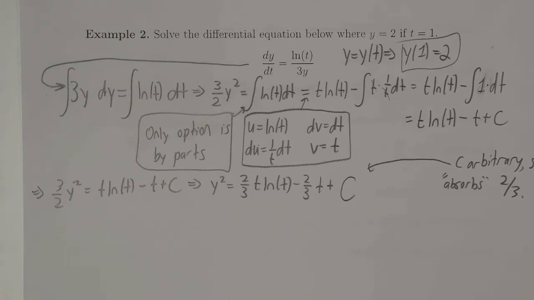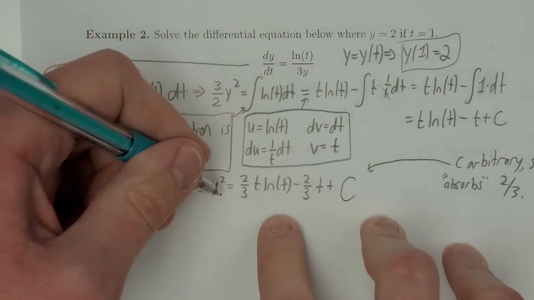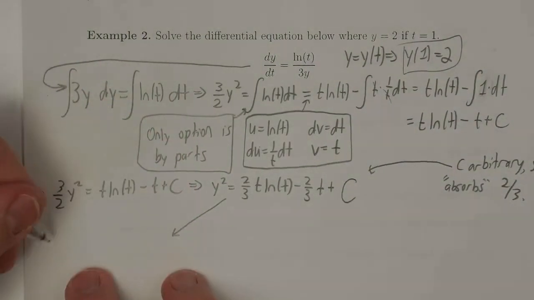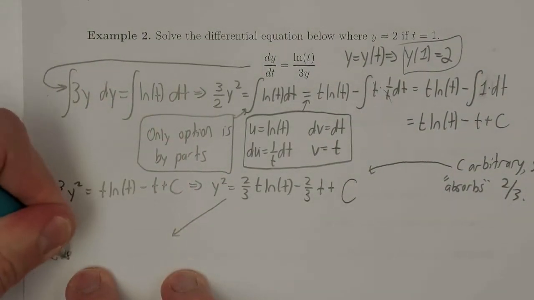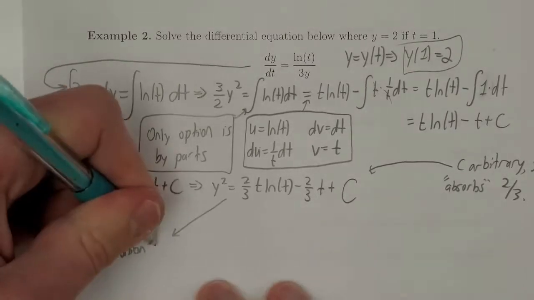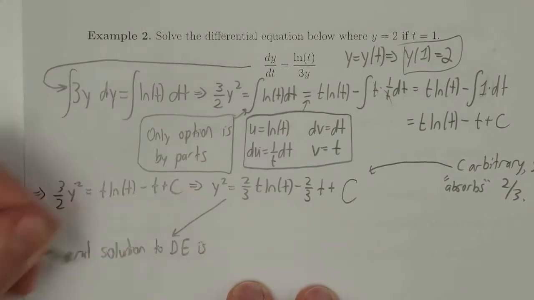Okay? So now here's where I'm going to take things in a couple of different directions. One of them is fairly short, so I'll start with the shorter one. From here, I can get the general solution to the differential equation.